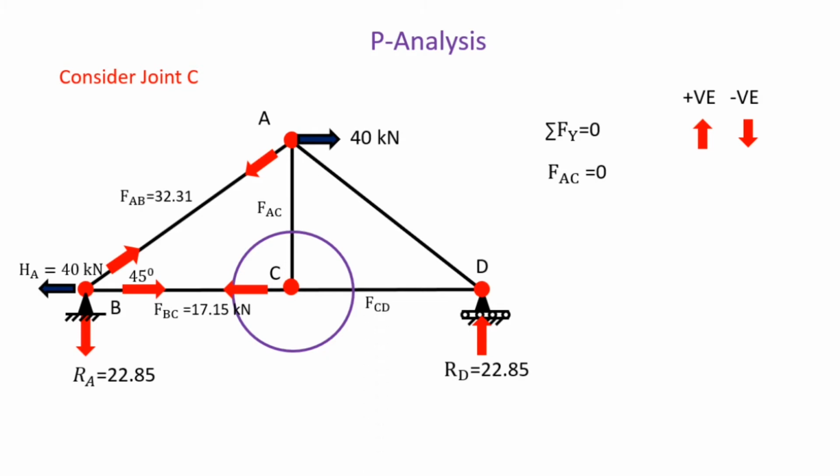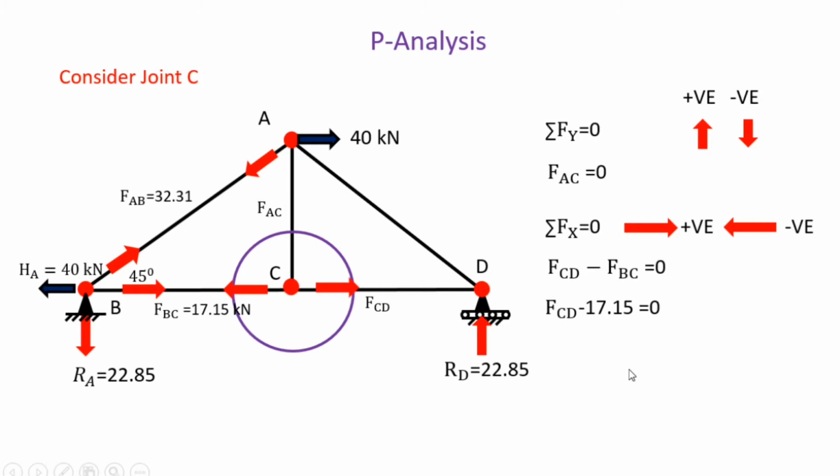Then we consider the force FCD, assuming the direction of FCD is away from the joint. This force is horizontal, so sigma Fx is equal to 0. By sign convention, towards right is plus, so FCD is towards right, that is why plus, and FBC is towards the left, that is why minus. Then put the value of FBC is 17.15, then we find FCD is equal to 17.15.